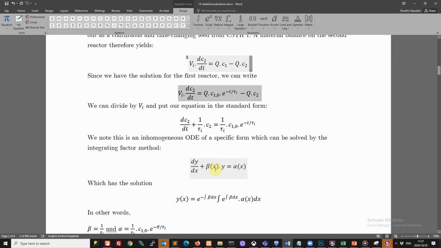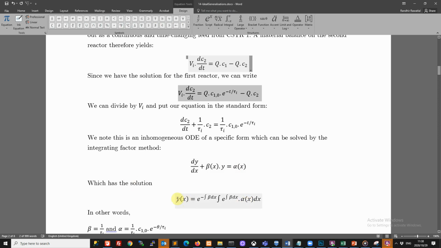So if you have some function times y equals some function of x again, then you can solve it using the integrating factor method, and it has a solution that looks like this. So your solution equals e to the integral of this factor times the integral of e to the opposite sign integral of the same factor times the alpha of x here.